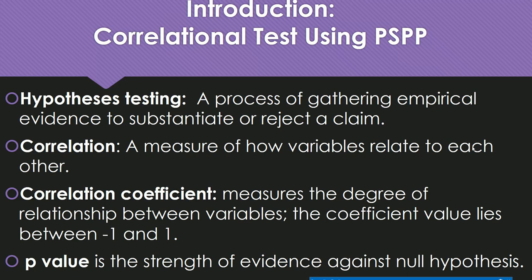It's a measure of how variables relate to each other. Correlation coefficient. It is a measure of the degree of relationship between variables. The coefficient value lies between negative 1 and positive 1. The p-value is the strength of evidence against a null hypothesis.